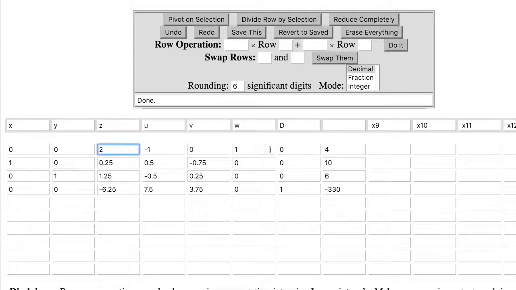So the 2 into 4 ratio of 2 is my smallest positive ratio. I pivot on the 2. And it appears I'm done. No negatives here. No negatives here in the bottom row except this one over here, which doesn't count. So I'm done. Let's interpret what we have from this final simplex tableau.